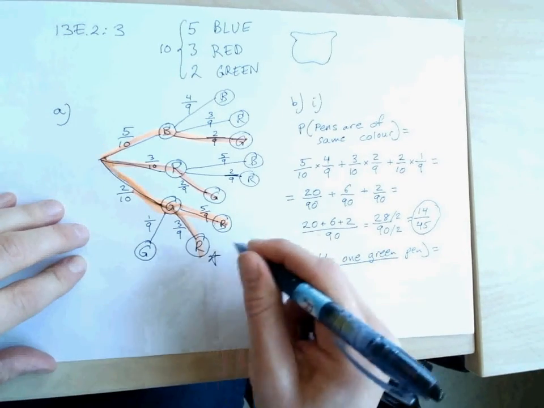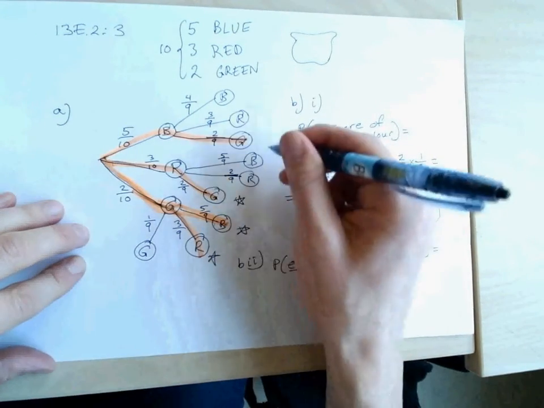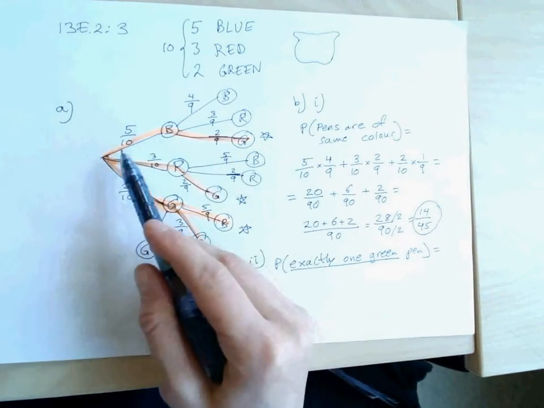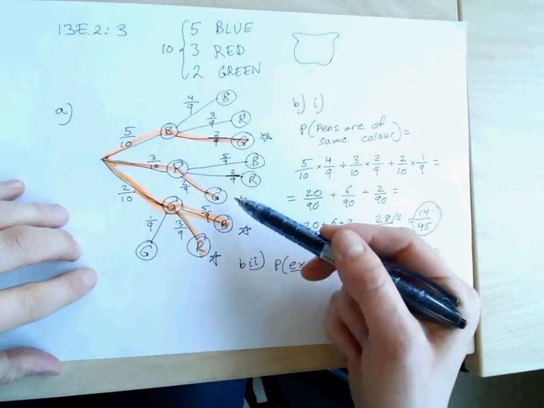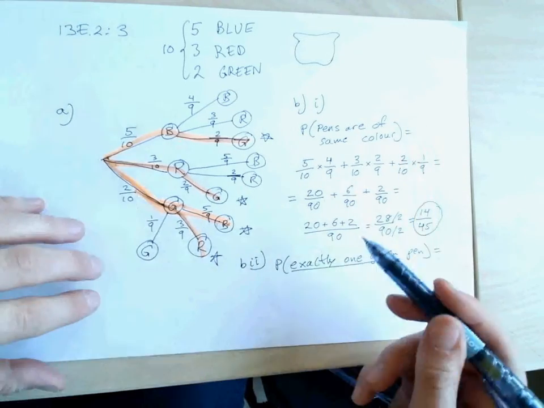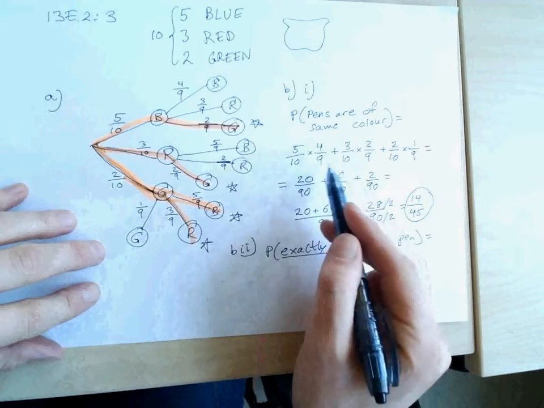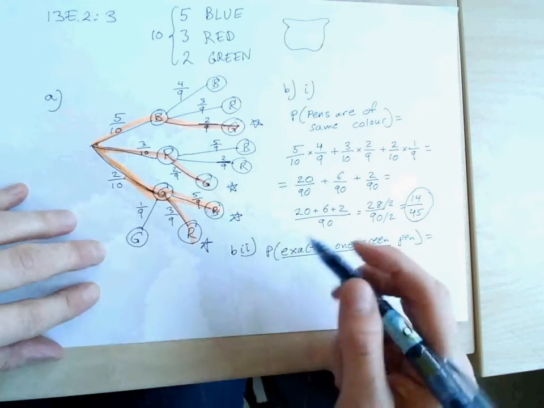So if we look here, we have 4 different branches. We multiply along the branches to find the probability of that branch. Then we add the branches together to get the total probability of this happening. So we do much the same as we did before.